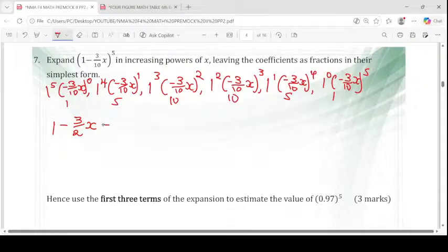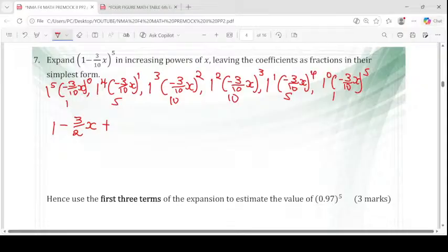Then in this case it will be now plus. We have negative 3 over 10 squared. Once I square it, I'll be getting 9 over 100. Then I multiply this by 10.